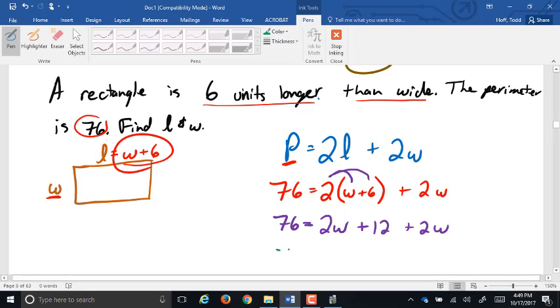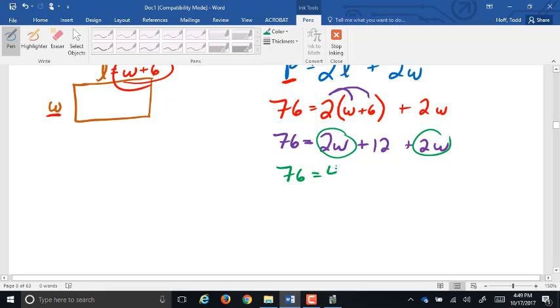What can we combine next? 2W and 2W makes 4W plus the 12 yet. And then subtract 12 from each side, so 64 equals 4W.